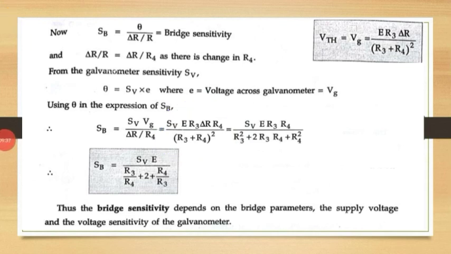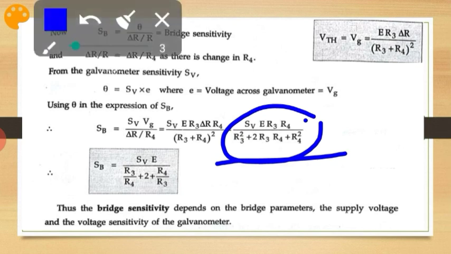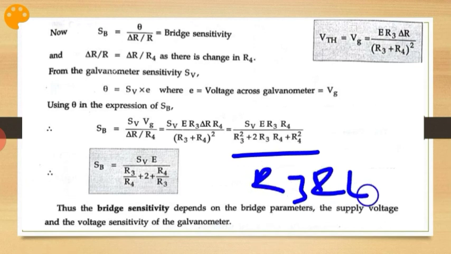Next step, after obtaining this equation, the numerator has R3 and R4, which I will take down and divide with this denominator. I will show you once again here. So here R3 R4, R3 and R4, I will remove.